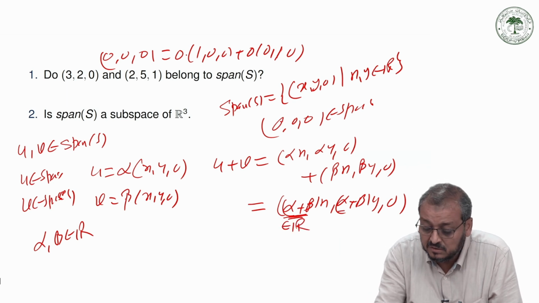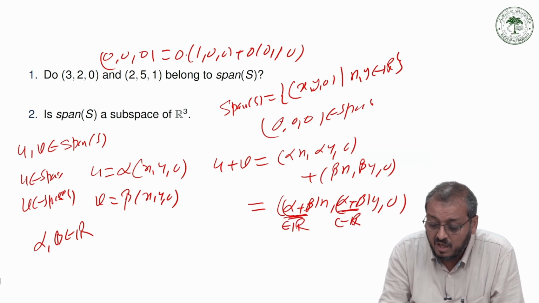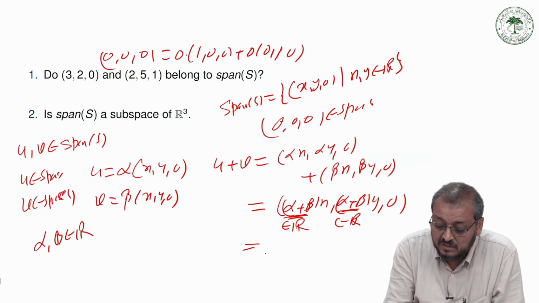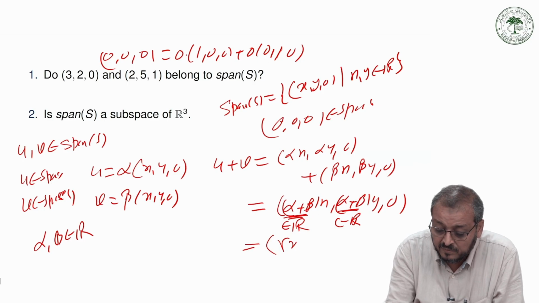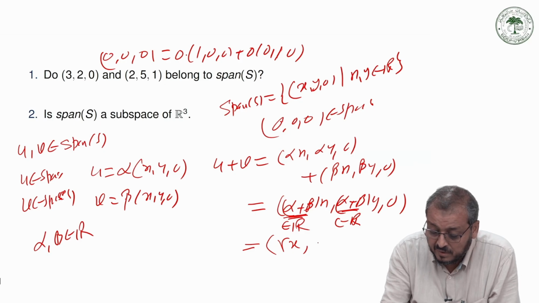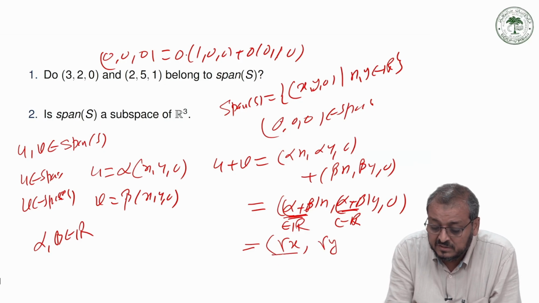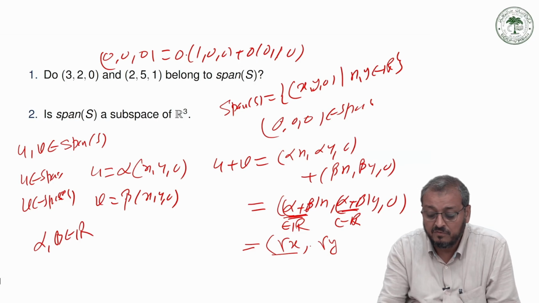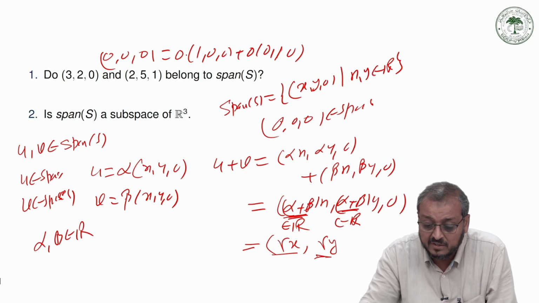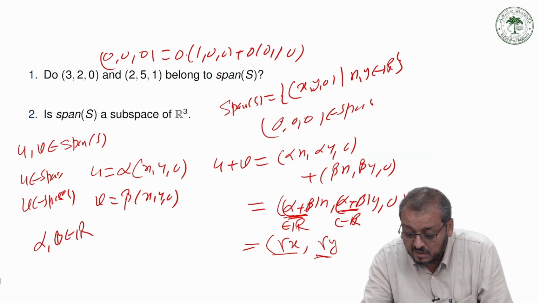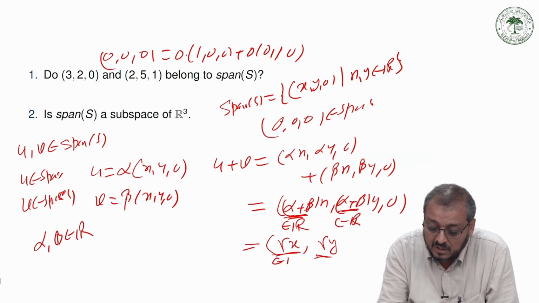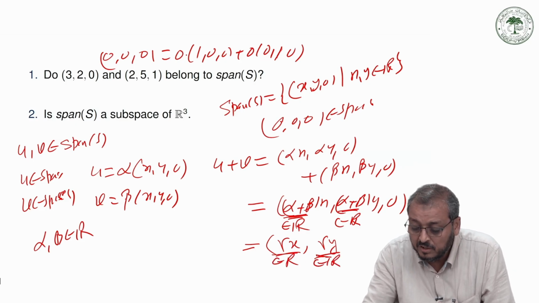So this is of the form of some real number, and some real number, comma 0. This whole thing belongs to R, and this whole thing belongs to R, so it belongs to the span of S.